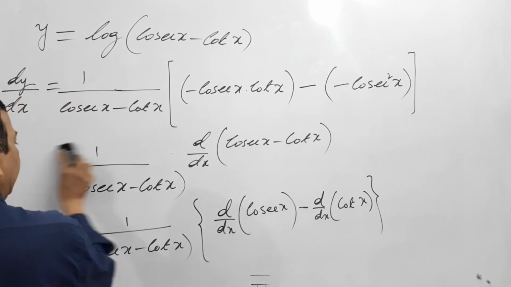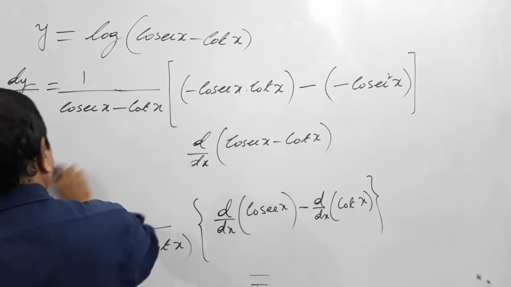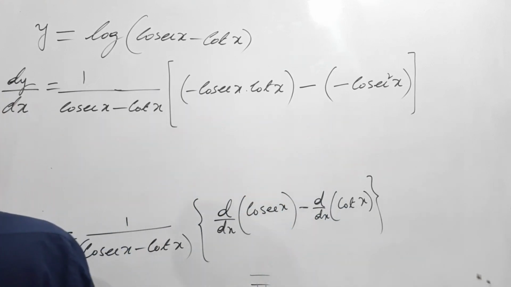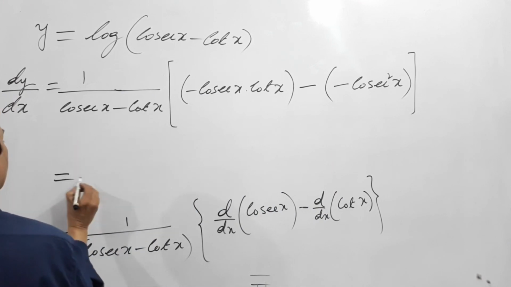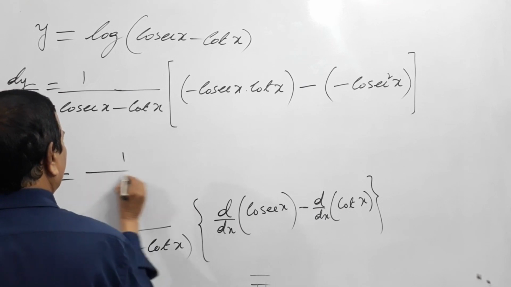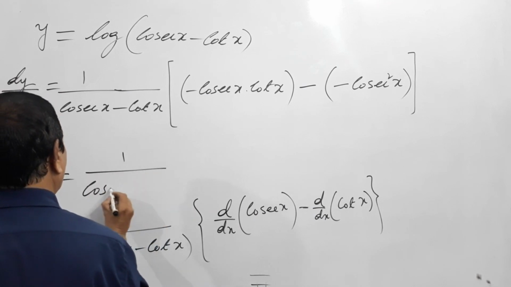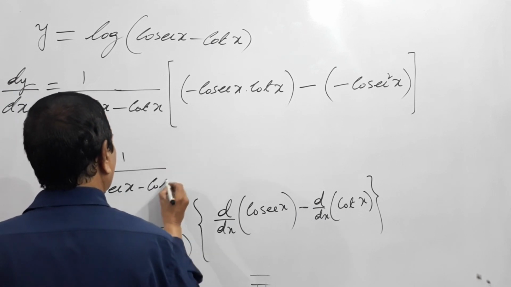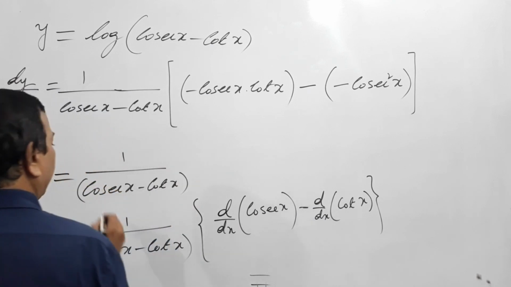So this is nothing but 1 by cosecant x minus cot x. I will put a bracket for this.